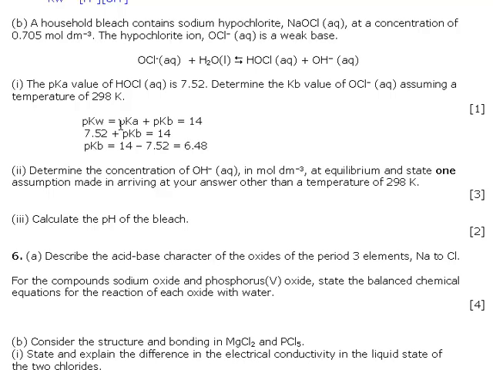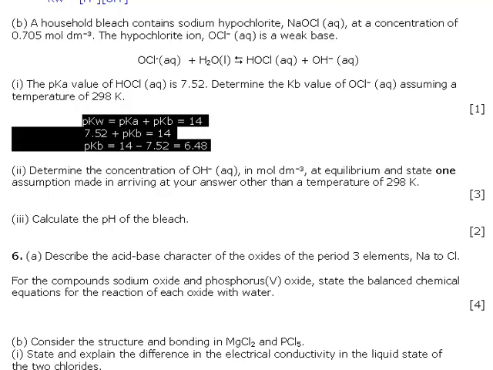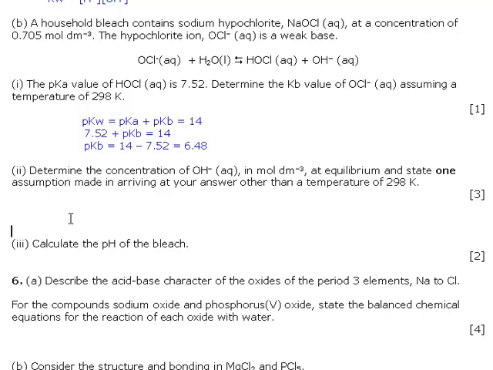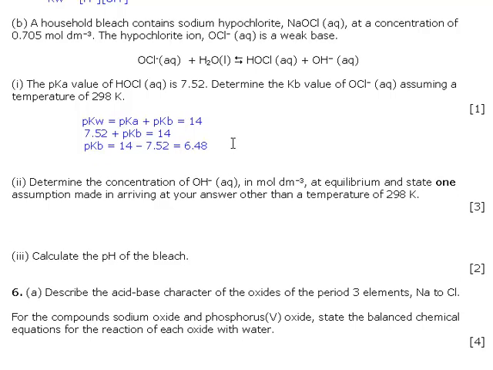I don't know what's happened to the formatting there. Let's just give that the colour. Now to determine, oh sorry, I'm not quite there yet. We're asked to work out the Kb value, not the pKb. Well, the relationship between pKb and Kb: pKb is the negative log, so Kb is equal to 10 to the power of minus 6.48.